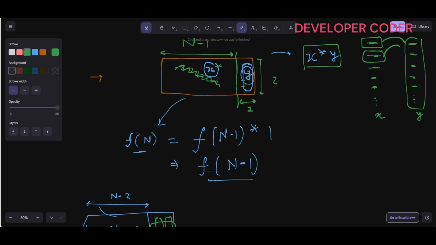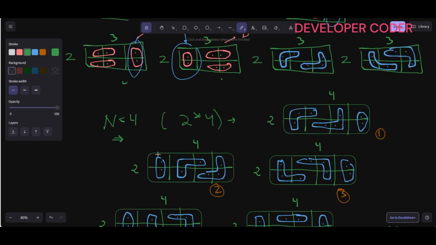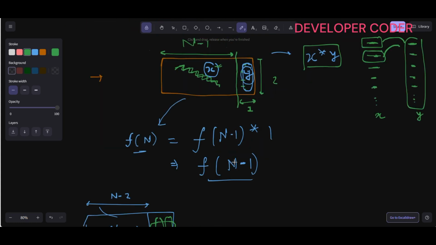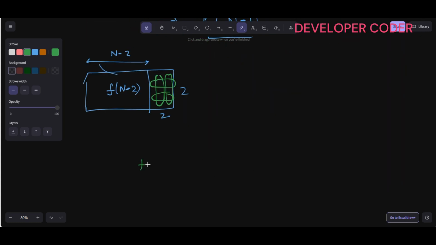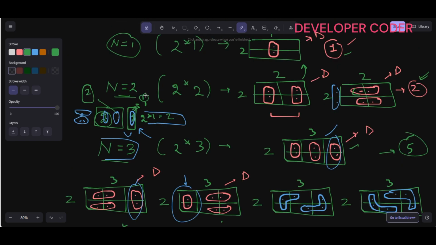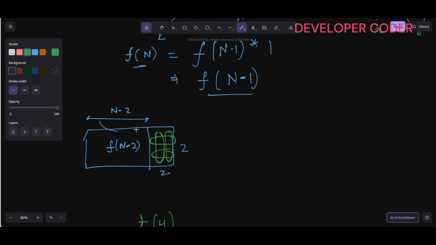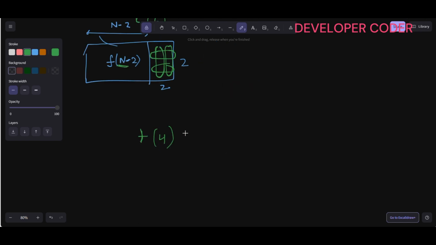But here, let's say your n is equal to 4, okay. So if you use n is equal to 2 first, in this f of n minus 2, that's nothing but f of 2, in this part. So in this part how many options do you have?